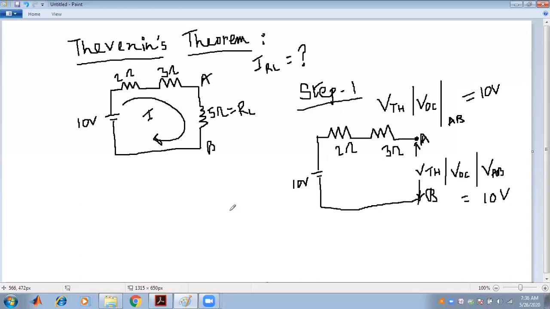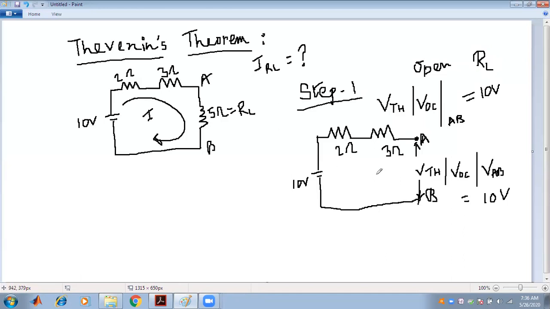Means we have open circuited the load resistance RL part. First step is to open the RL part, which we have done, and then measure the voltage. Followed by that, we calculate the VTH.